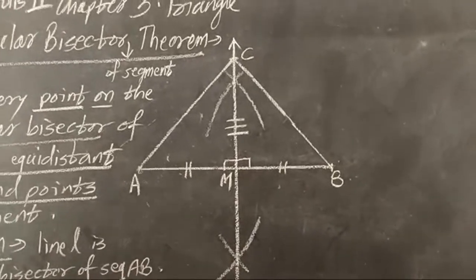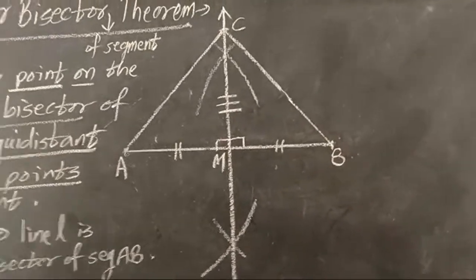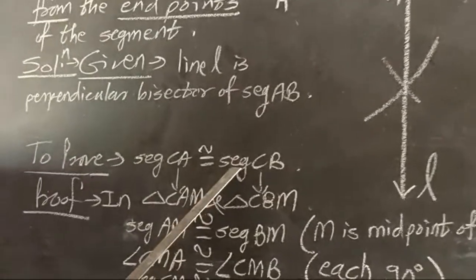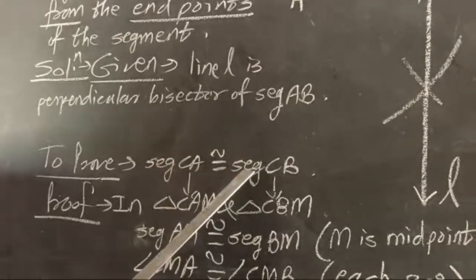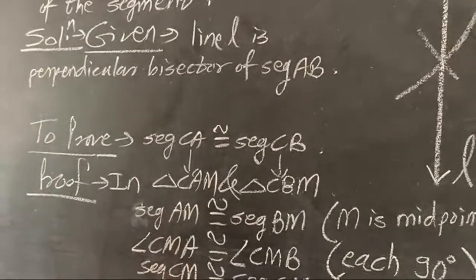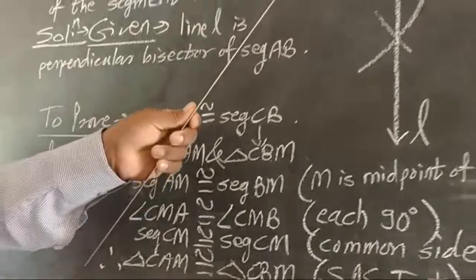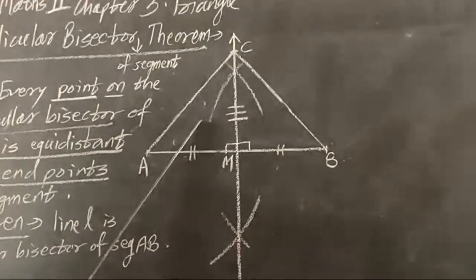Our aim is to prove that sides are essential. Therefore, corresponding sides are congruent, we apply here. And tell here which are the corresponding sides. There are three sides.